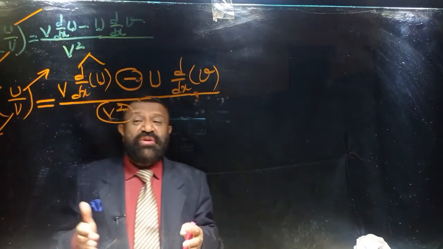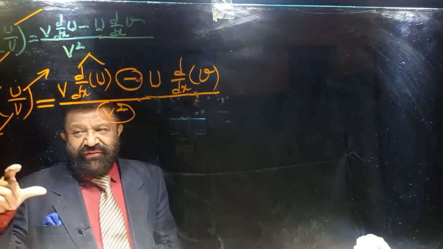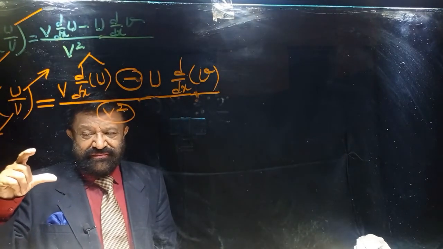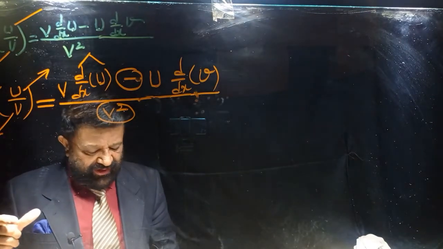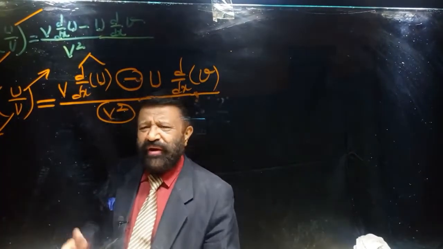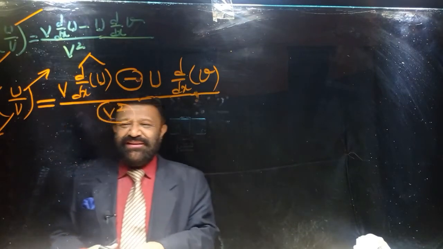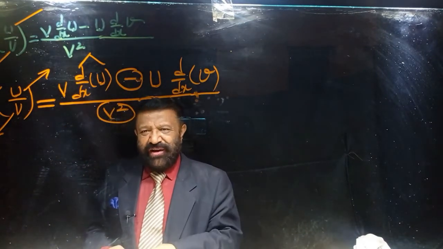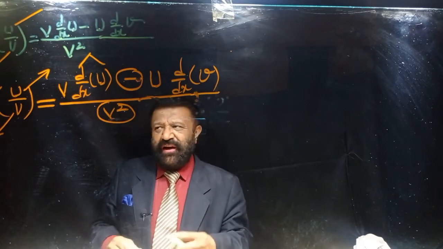Now this is the way to solve the derivative of a quotient function, that is, a function given in a division whose derivative you have been asked to find. I will write it many times, till the time you get the clear concept. I will repeat it again and again.